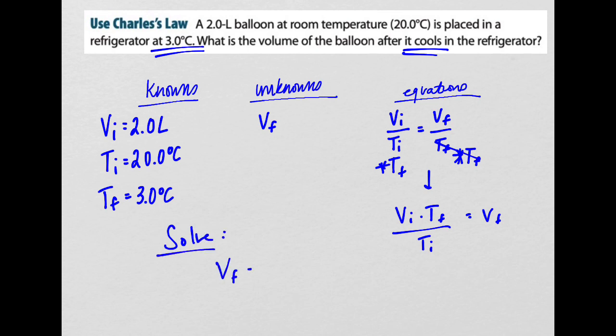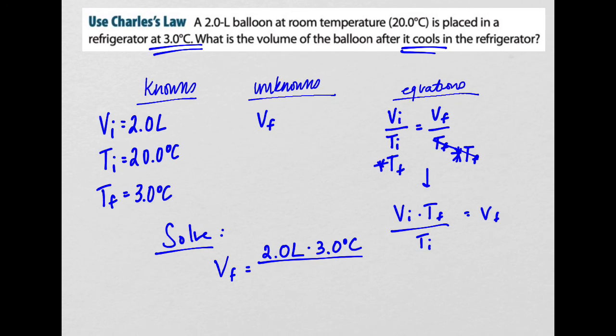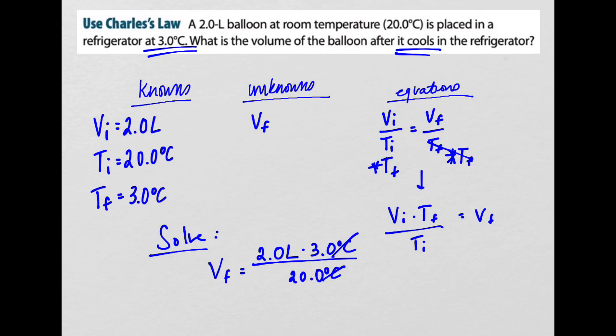We have VF is equal to VI, which is 2.0 liters, times TF, which is 3.0 degrees Celsius, divided by our initial temperature, which is 20.0 degrees Celsius. Degrees Celsius cancels. So when we do that, we get 0.3 liters is our final volume of the balloon.